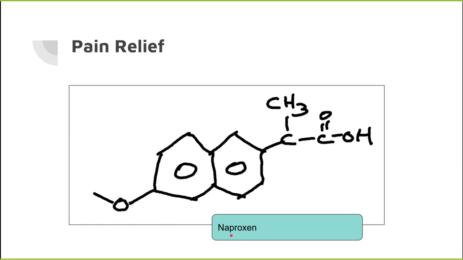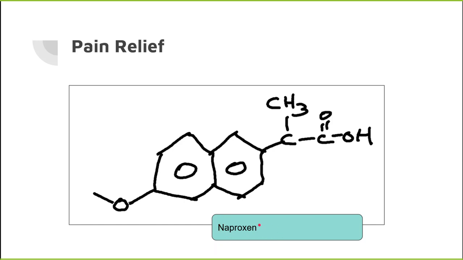I am blessed with inheriting the propensity to gout from my parents. God bless their souls. And if you've never had gout, let me tell you, it's very painful. Naproxen is great for gout because that's a joint.